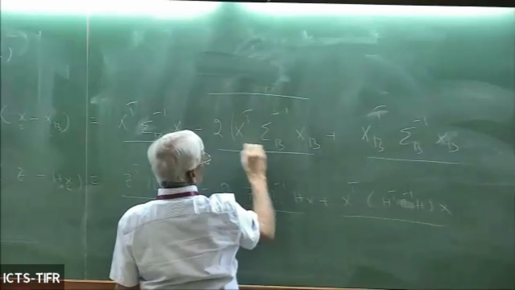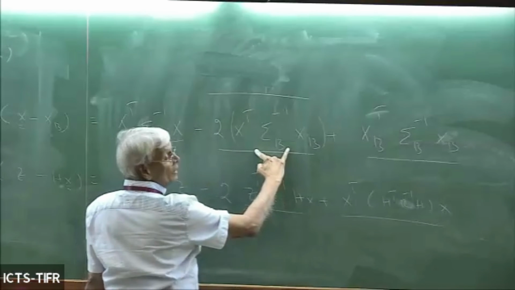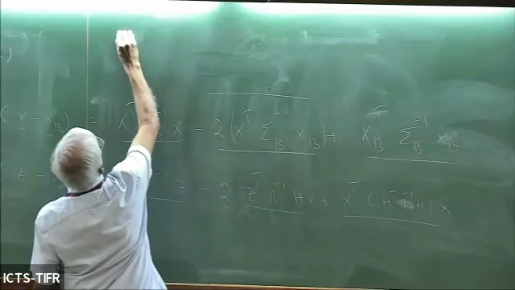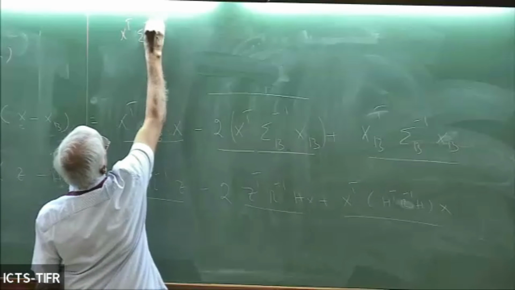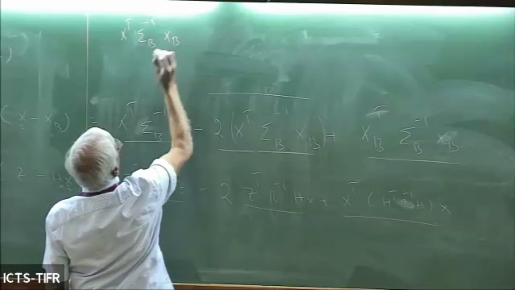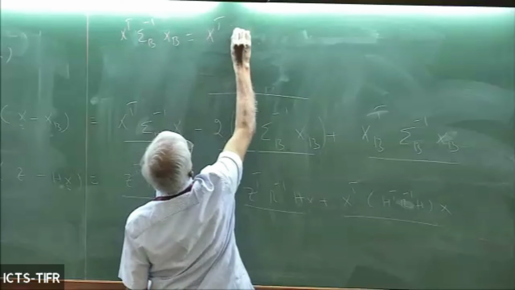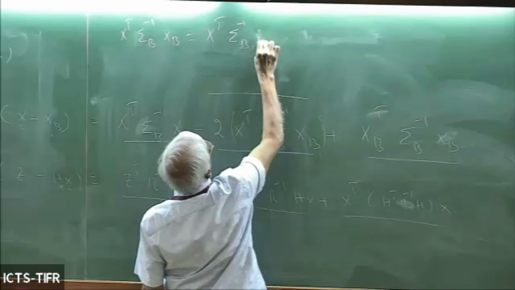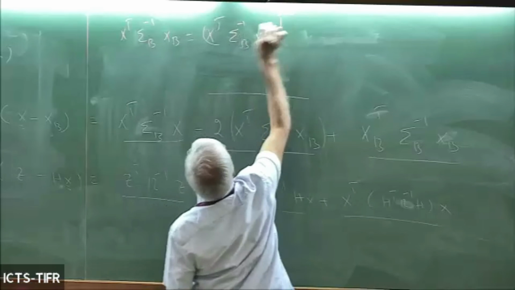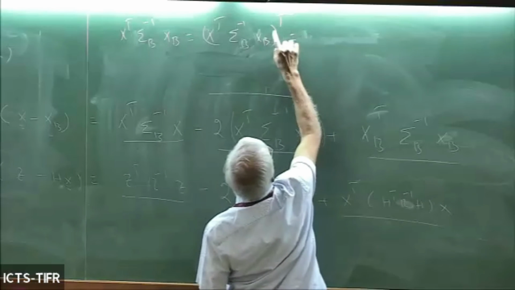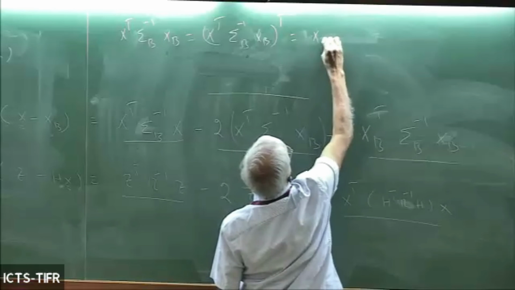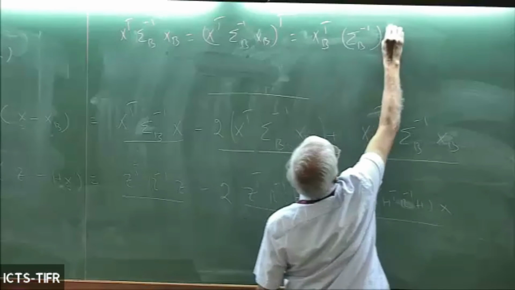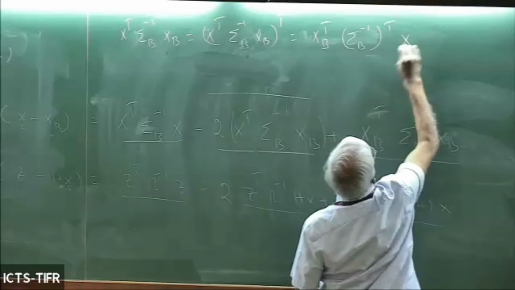So let's consider this term. Do you know this is a scalar? That's right. So x transpose sigma b inverse xb is equal to x transpose sigma b inverse xb transpose, because the scalar is equal to itself. The product of this is xb transpose sigma b inverse transpose x.